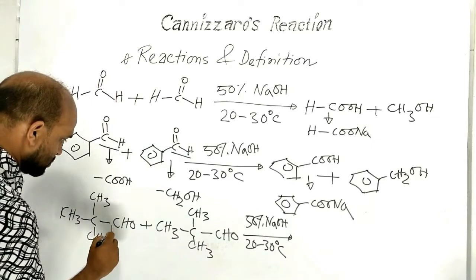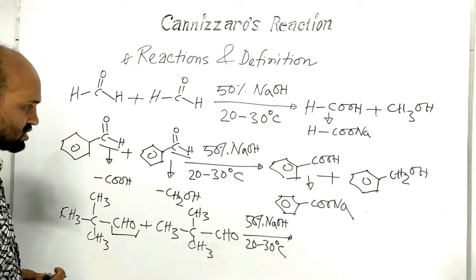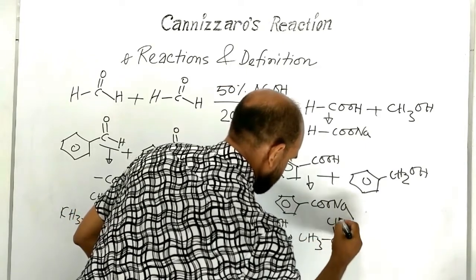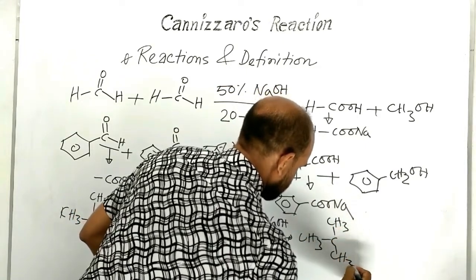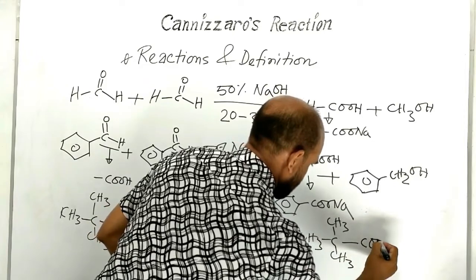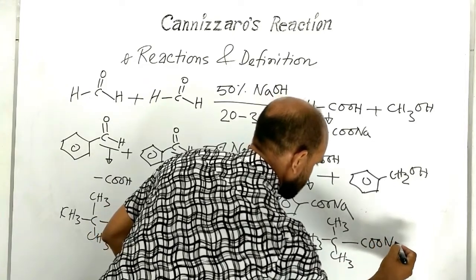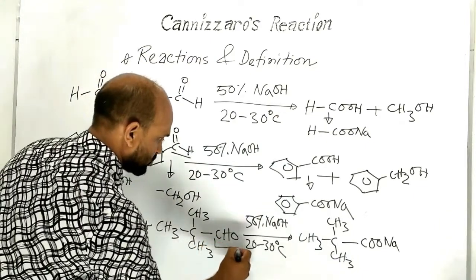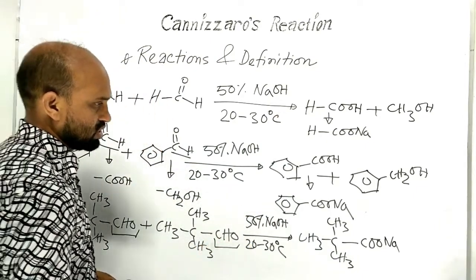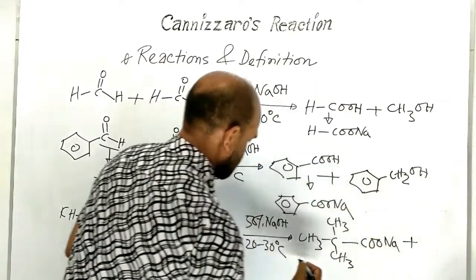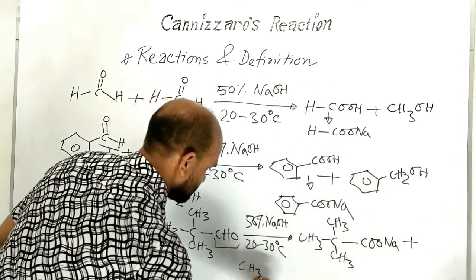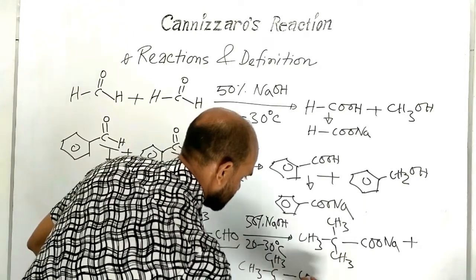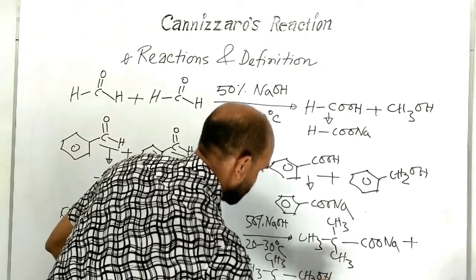Then this group turns into a carboxyl group, CH3, CH3, CH3, that ultimately turns into the sodium salt of carboxylic acid, and this group turns into an alcoholic group like this, CH3, CH3, CH3, CH2OH.